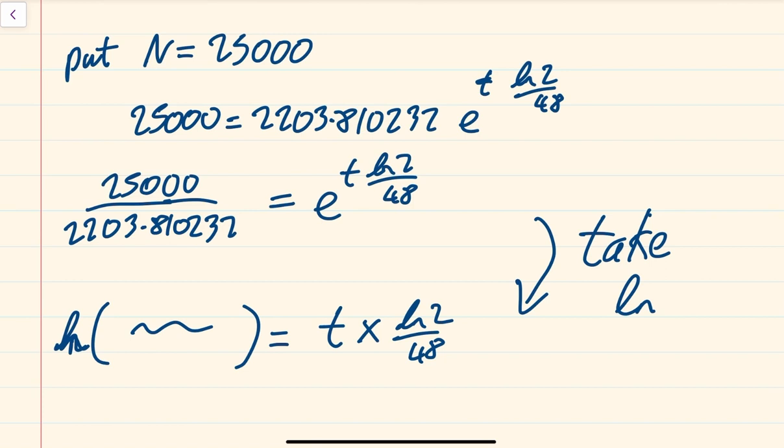Now I'm going to do this on my calculator. Ln of 25000 divided by 2203.810232.